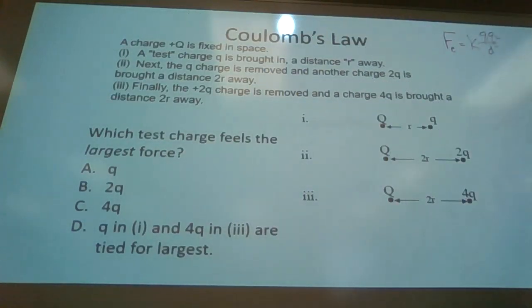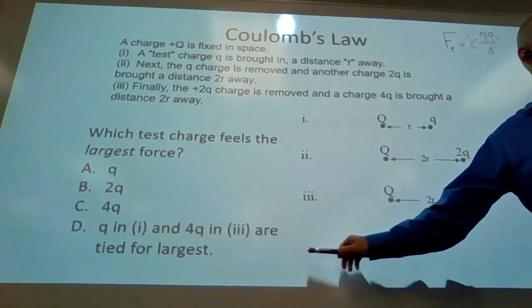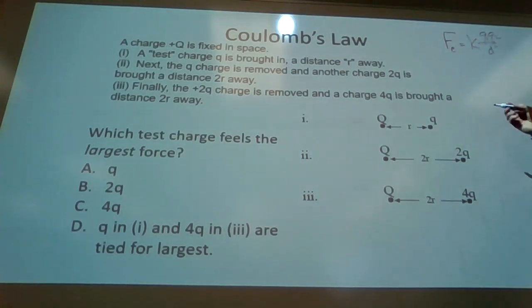Okay. Correct answer is D. Here's why. Here you have k Q Q over R squared. Here you have k Q over 2Q over 2R squared.